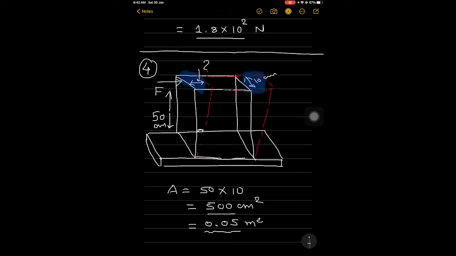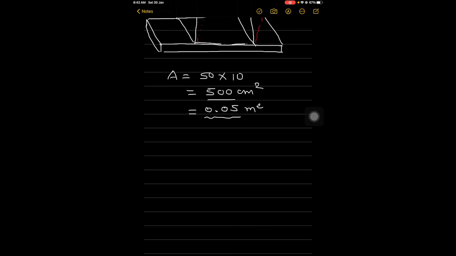Therefore we want to find out the stress applied over here. We can say that the stress applied, sigma, is force over area. So force upon area, and they have already given that force is 9 into 10 raised to 4. So that is 9 into 10 raised to 4 over 0.05.